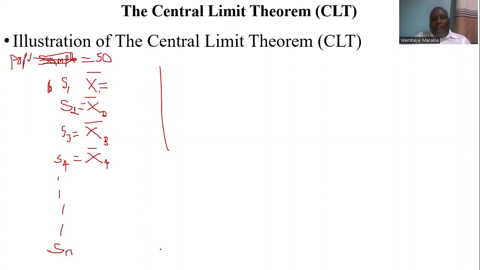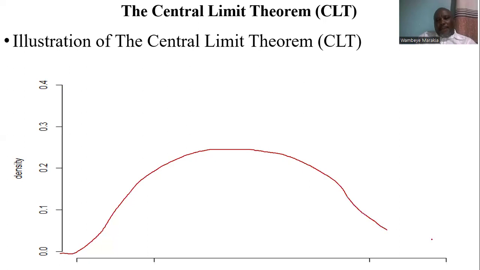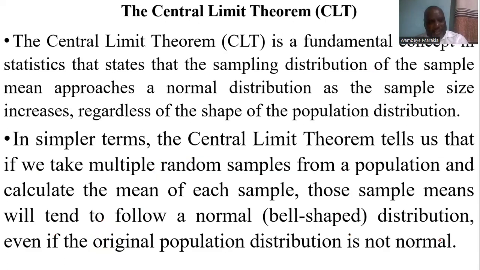And you will realize that when we plot the frequencies of these sample means we have taken, we take the frequency density and we plot, we will produce a normal curve.